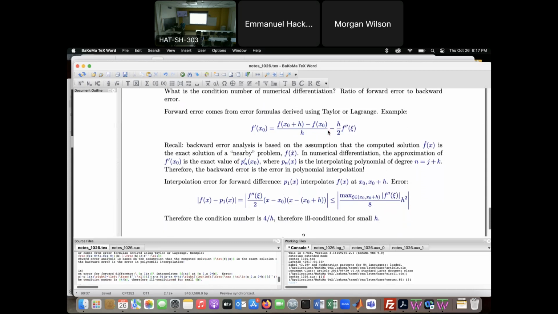So if you have a problem that is ill-conditioned, then going the other way, where the roles of input and output are reversed, has the effect of flipping the condition number. That makes sense because condition number is error in output divided by error in input. If the roles of input and output are reversed, that's going to lead to the reciprocal of the condition number.